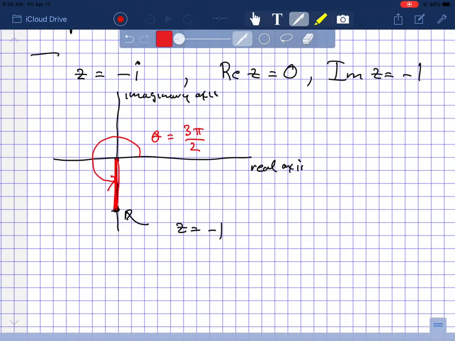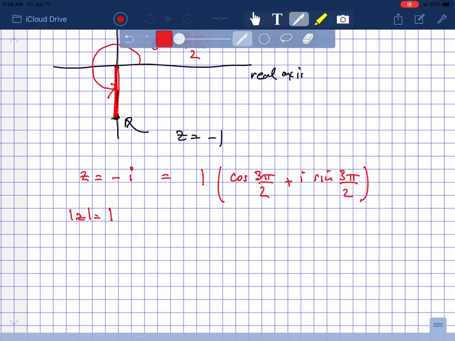And so now what do I have? I have z equal to minus I is equal to 1, so the modulus of z is 1, times the cosine of 3 pi over 2 plus I times the sine of 3 pi over 2.